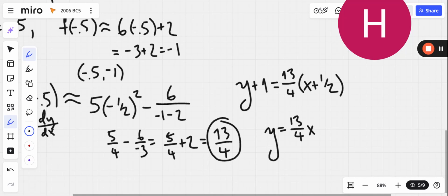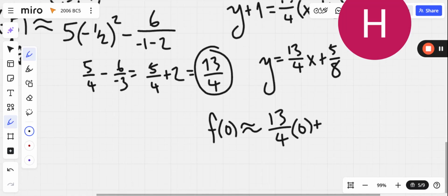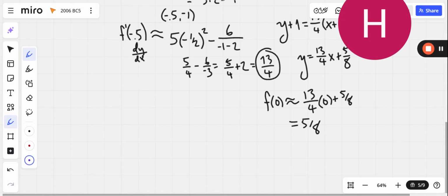Get comfortable with the fractions. So this is going to be plus 5/8. So we're going to say that f of 0 is approximately 13 over 4 times 0 plus 5/8, which is 5/8.